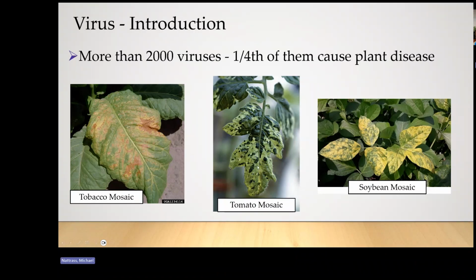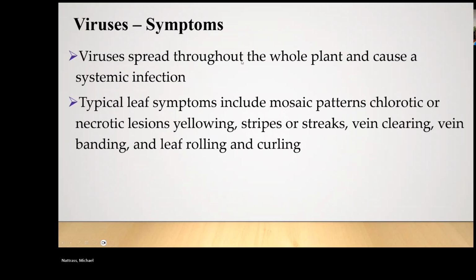And so you'll have this sort of mosaic mottling that just looks a little different, and you can't get rid of that. Because they infect that DNA, they're going to spread through the whole plant and cause this systemic infection. And because it's in the DNA, it doesn't matter what you apply to that plant, you're not going to overcome that. So those symptoms are going to be that mosaic chlorotic pattern.